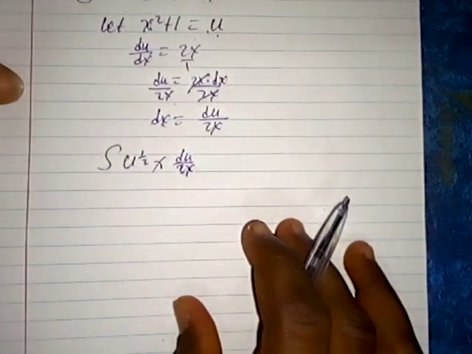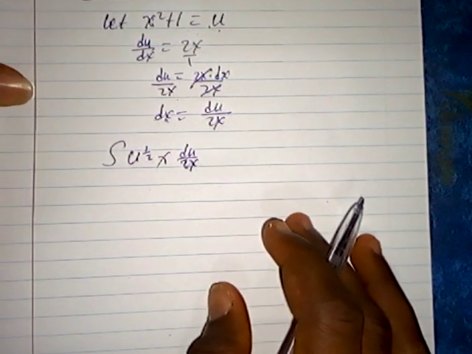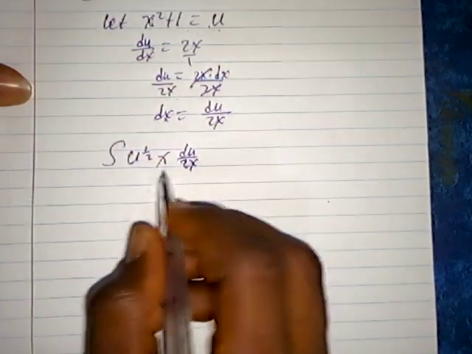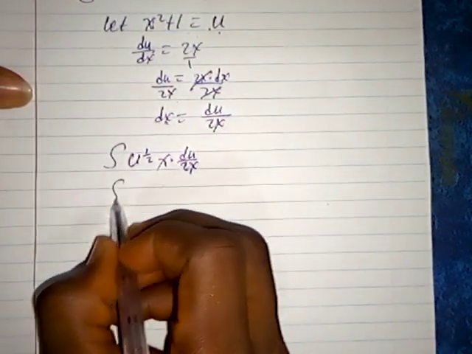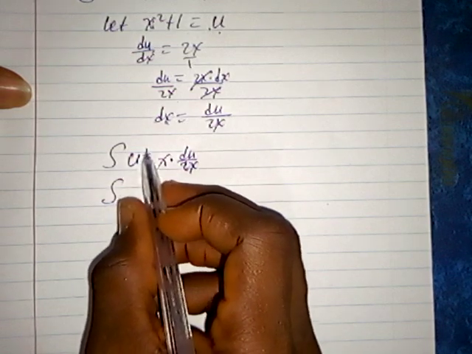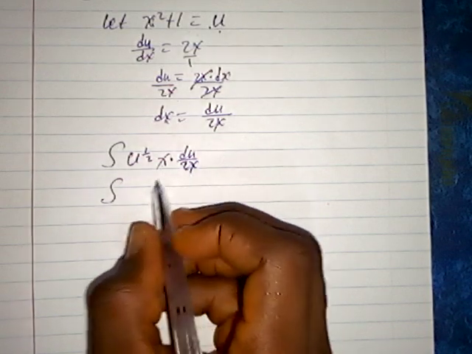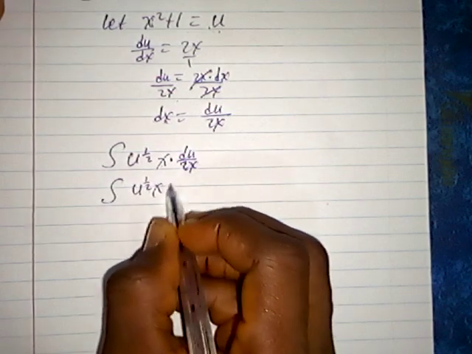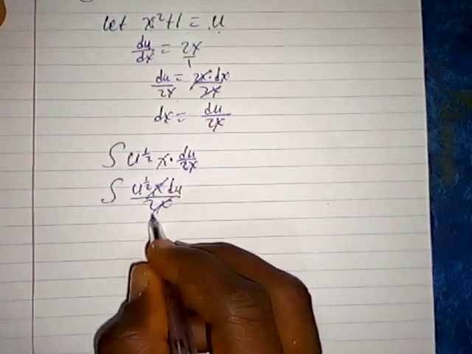This is the procedure. Now what next? The next step here is to knock out x, right? Good. So we have the integral of u raised to the power 1 upon 2 times x times du upon 2x. x cancels x, what is remaining is 2.